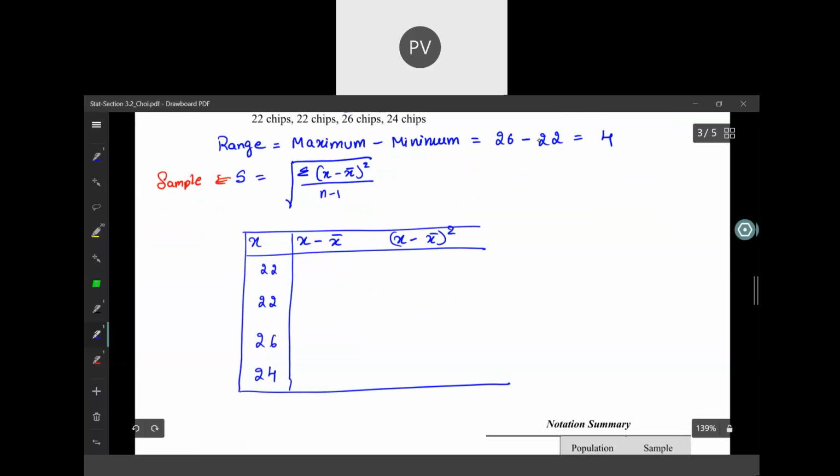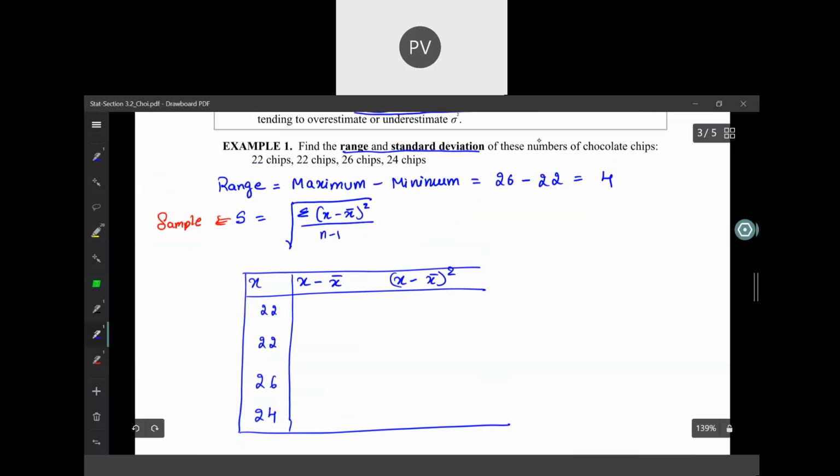Now, I need x bar, which is nothing but the mean. How do we compute the mean? Add all the data values and divide by the total number of data values, which gives you the mean, which is 23.5.